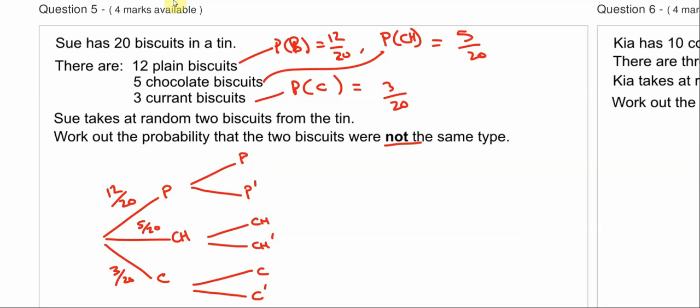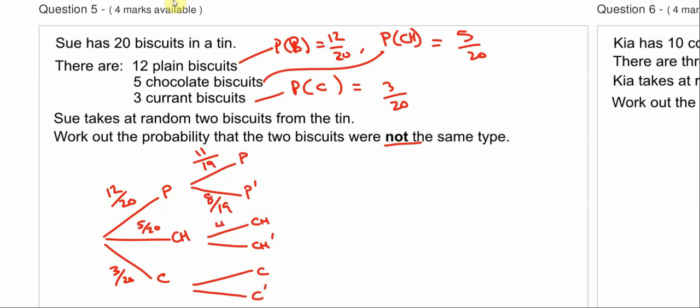So if I take a plain biscuit, there'd now be 11 plain biscuits, and there would now be 19 overall. We can see that we want 8 over 19 to make that up, and that is basically the 5 chocolate biscuits plus the 3 currant biscuits. So we can see this is kind of working out how we'd expect it.